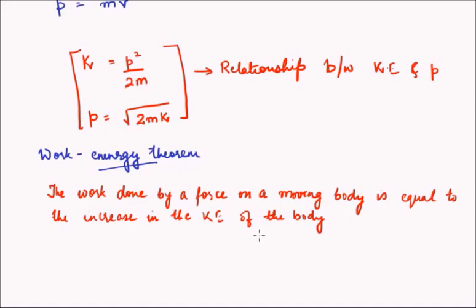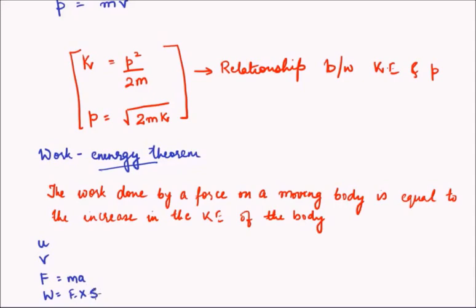Now, how do we mathematically prove this? In order to mathematically prove the work energy theorem, we need to consider the initial velocity of the body as u, the final velocity as v, and F as the force which causes a work W equal to F into S. Since we know that the force is mass into acceleration, we have this F. Now, what will be the distance covered S?